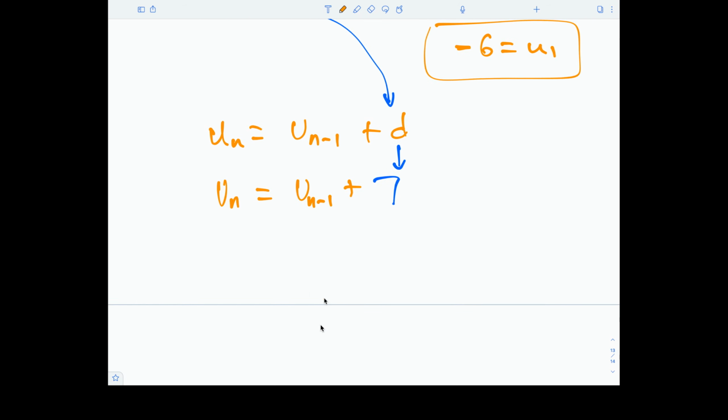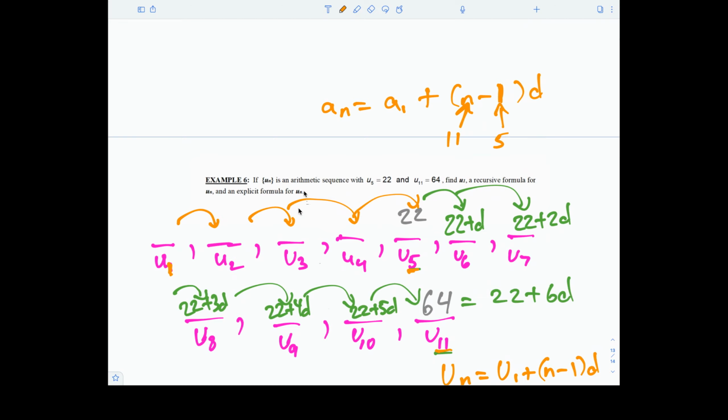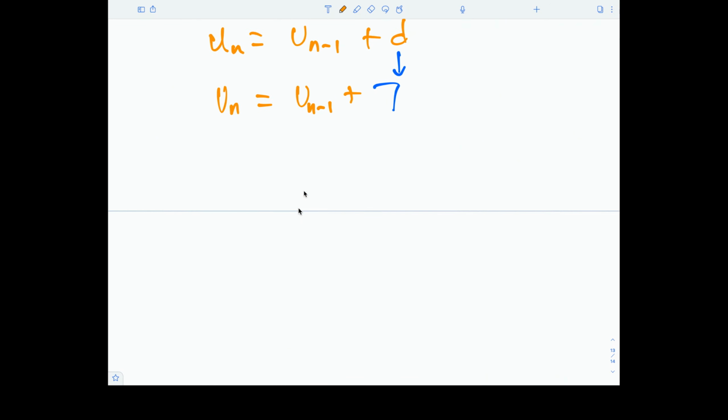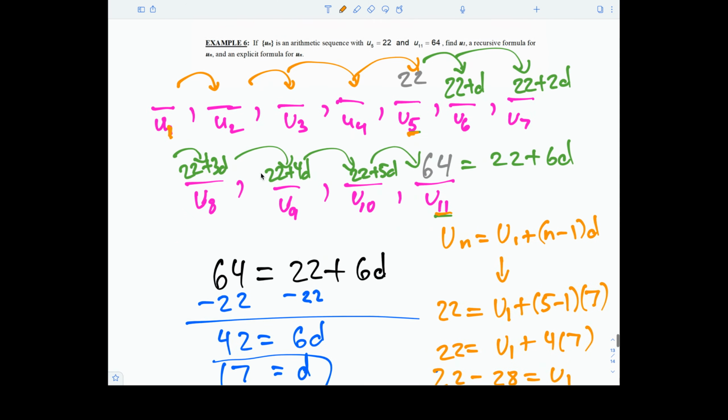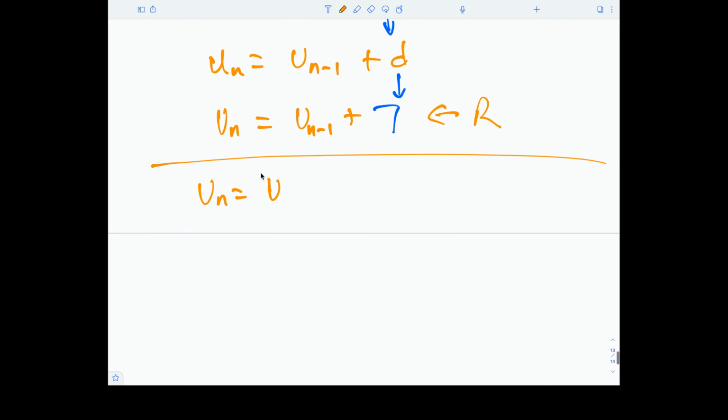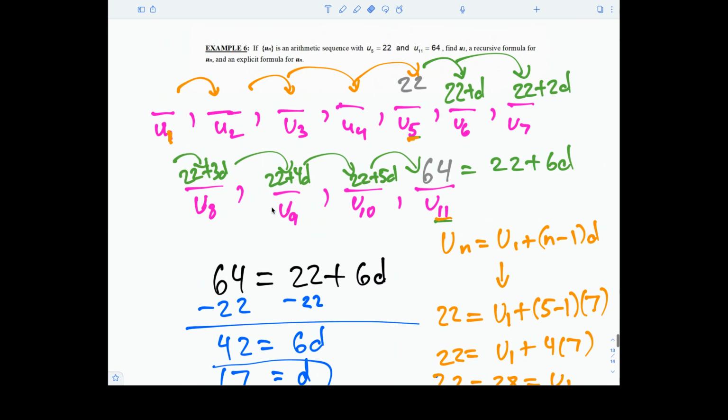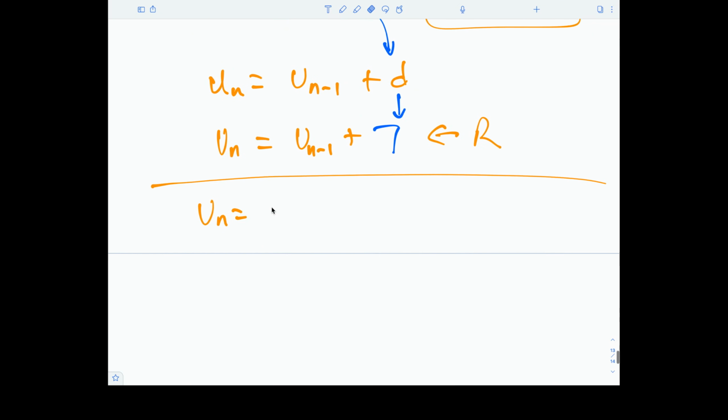And if I want to write it in the explicit form, right, this is the recursive. We'll write R for recursive. So u sub n equals, well, I guess I'll just write u1 as what u1 is. What is u1? u1 is negative 6 plus n minus 1 times d, which is 7.